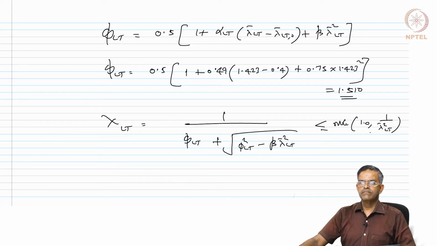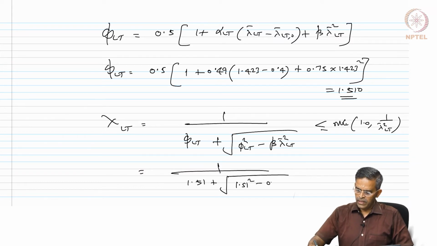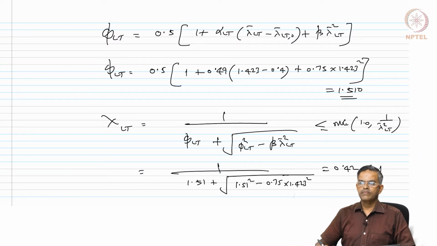So, now I get psi LT as 1 by 1.51 plus square root of 1.51 square minus 0.75, that is the beta value, into 1.423 square, which comes to 0.42, which is less than 1.